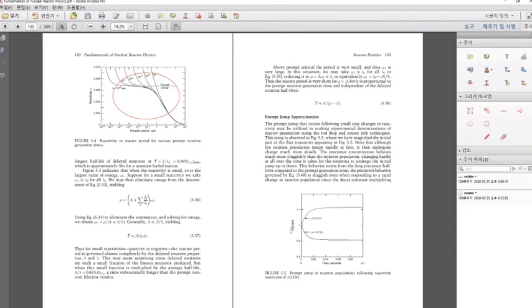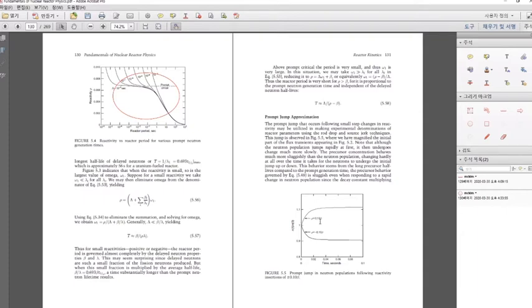Compared to its steady state value, the neutron population suddenly increases about 10%. After that, it is going to follow exponential growth or exponential decay. We would like to know the magnitude of this prompt jump.